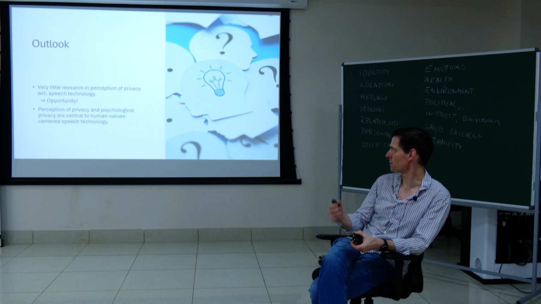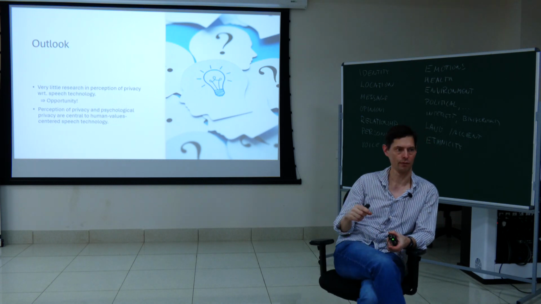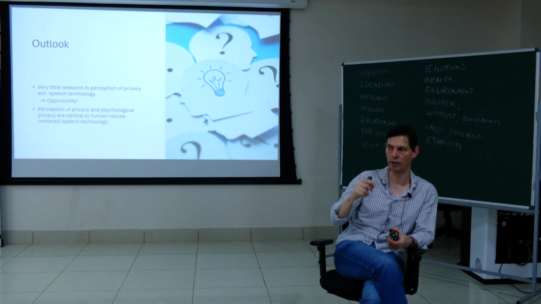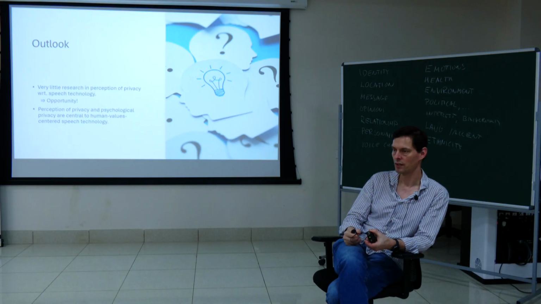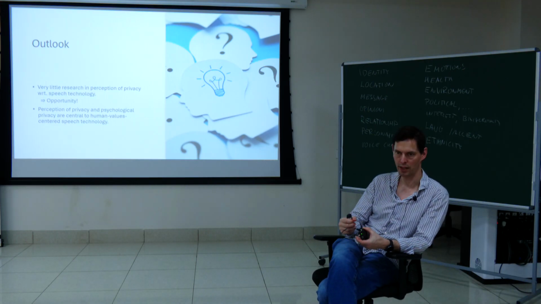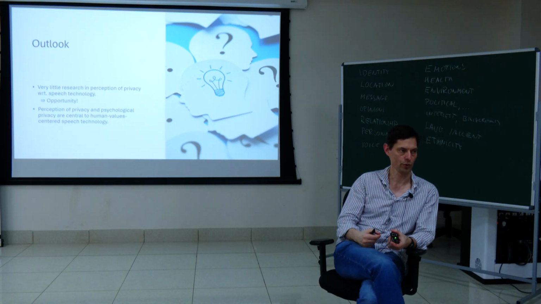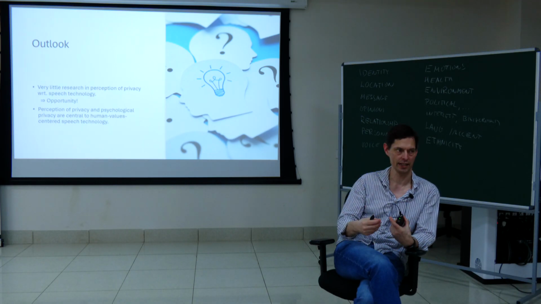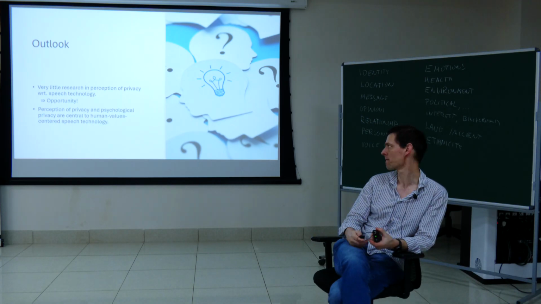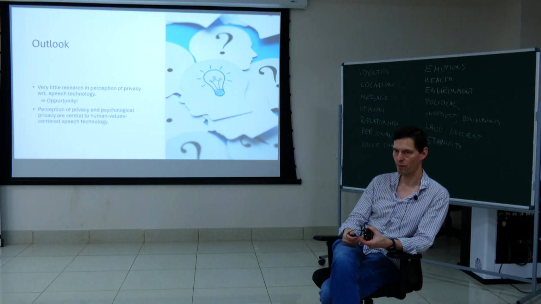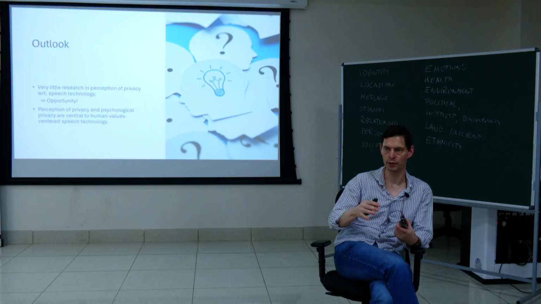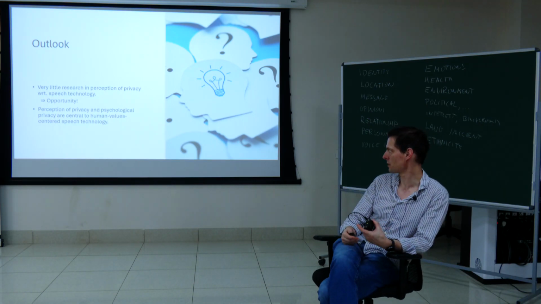And then yes, the psychological privacy was the concept I was looking for. In psychology, they have this concept of psychological privacy, which refers to how humans, in a psychological sense, understand privacy. And the perception of privacy is kind of close to that, or the experience of privacy.